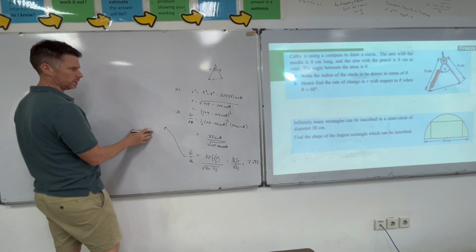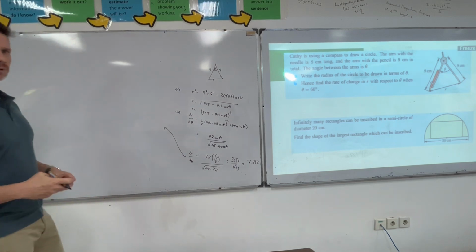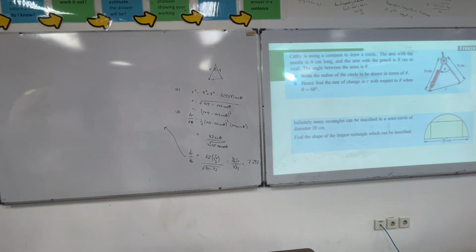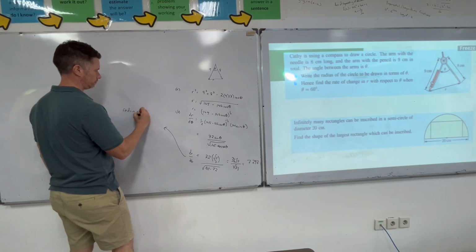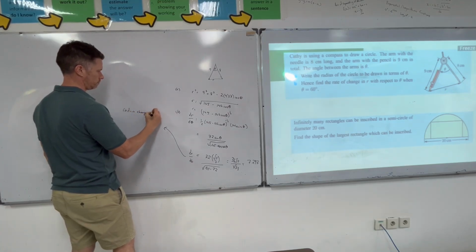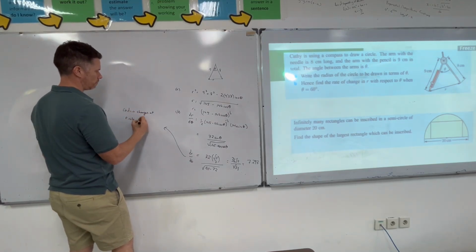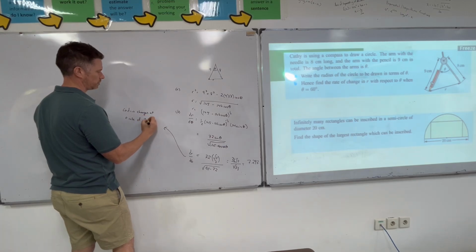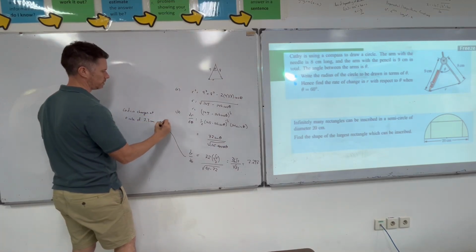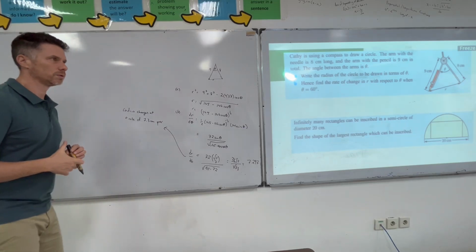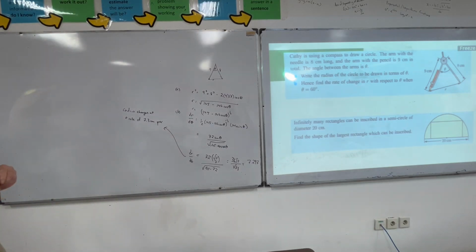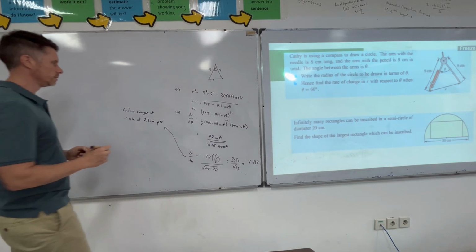So the radius changes at a rate of 7.3 centimeters at pi by 3. At a rate of 7.3 centimeters per radian.